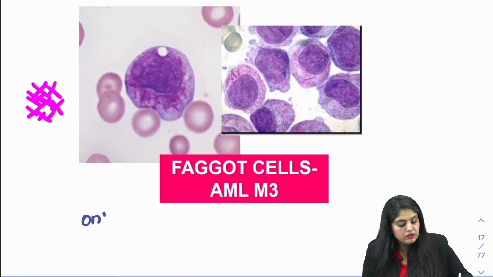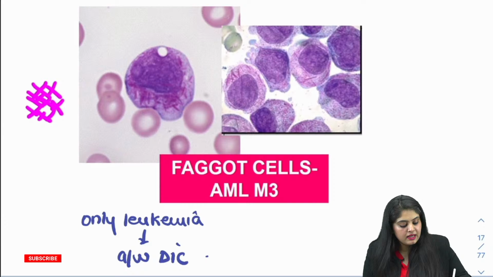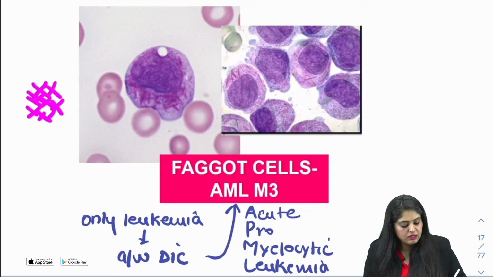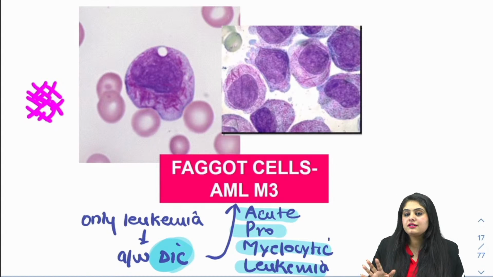Remember, the only leukemia which I can have which is associated with DIC is AML-M3. What is the other name of AML-M3? APML, that is what was written in your question. Acute promyelocytic leukemia is what goes into DIC. So whenever you get a DIC question, the answer has to be AML-M3.